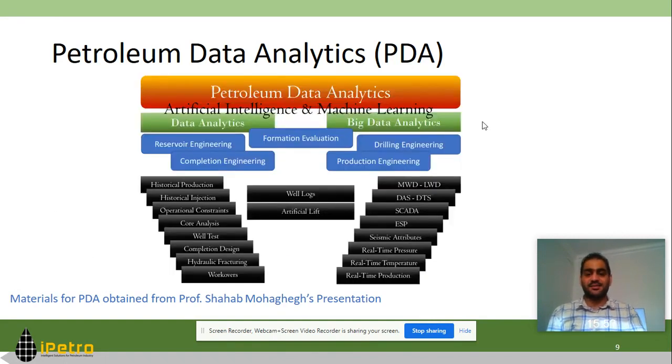You can see some applications of PDA here. I don't want to go through all of them in this lecture; it's beyond the goal and scope of this lecture, but I put it here so you can see it has many applications as long as you have a very large database.